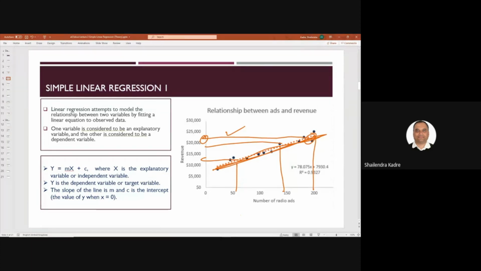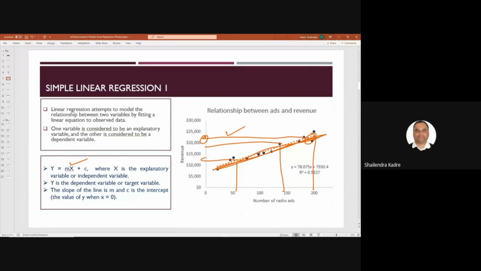So this is a simple regression line. With a little math background, this equation, y is equal to mx plus c, must look very familiar to you, maybe from 10th class coordinate geometry. Here x is the number of radio ads on the x-axis, and y is the revenue.